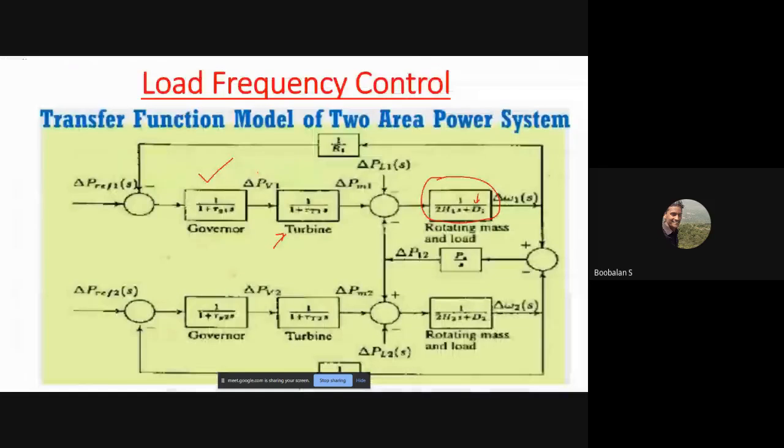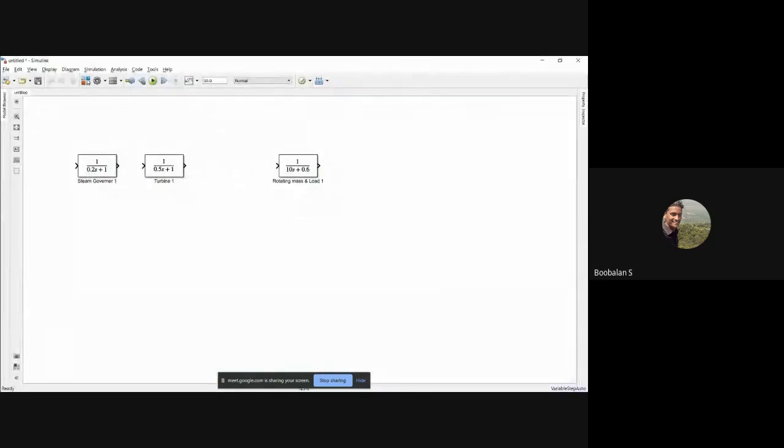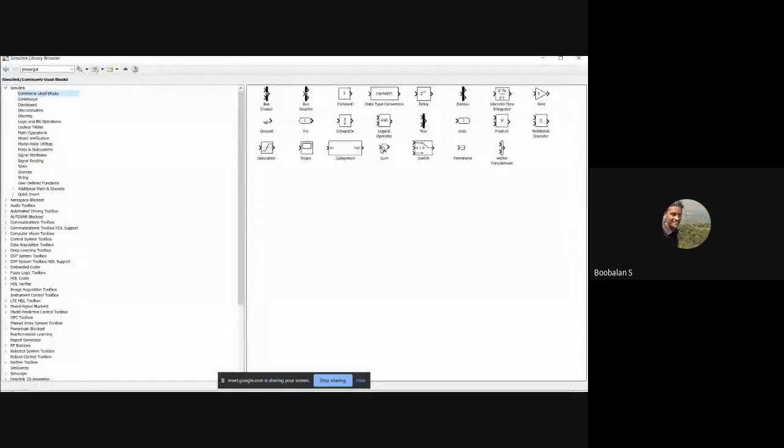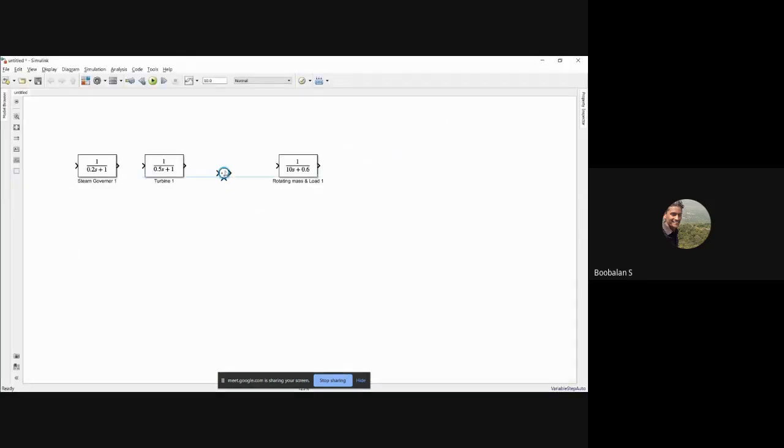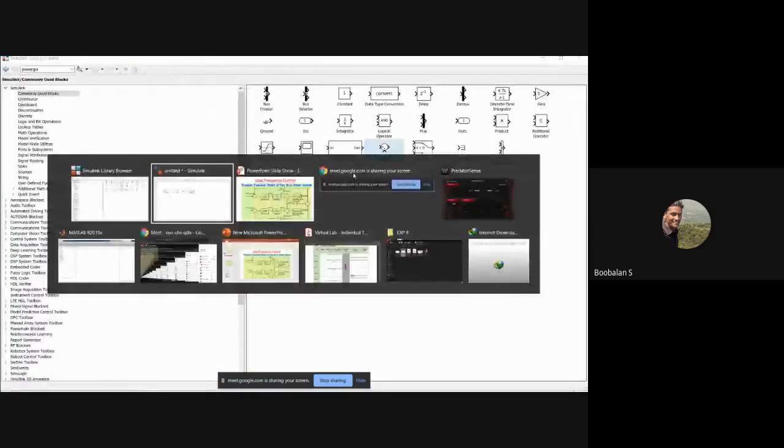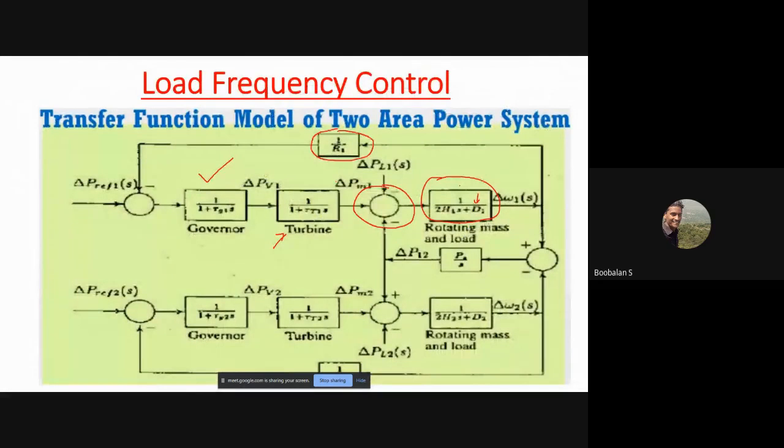Now we need a summing block in between my rotating mass and turbine. I need a sum. Go to Simulink, common block list, find sum, right click, add to model, and just bring it over here, right? And finally, we need a closed path. So here, a closed negative feedback path, which is coming from the rotating mass, and which is given through a gain block, and it is coming over here, right? And to the speed governor.